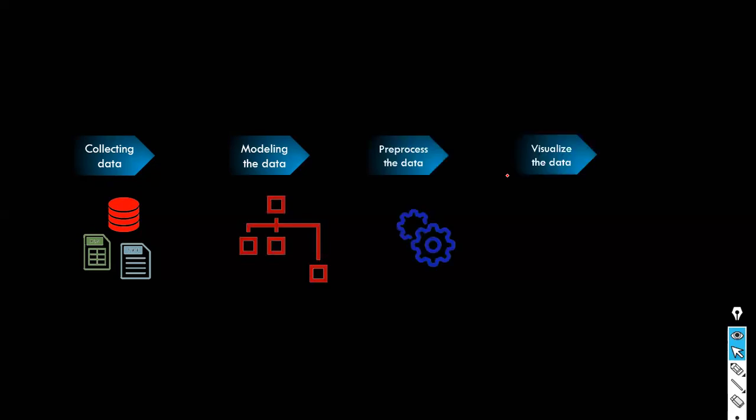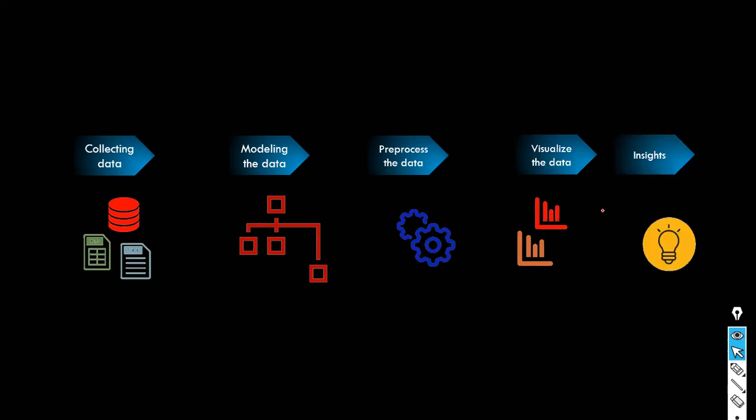As part of business intelligence, we collect the data, then we do the modeling, and then we pre-process the data. The next step is we visualize the data using charts. These charts we create as part of our reports in Power BI Desktop. Okay, now the charts are ready, everything is fine. So what does this chart tell us?